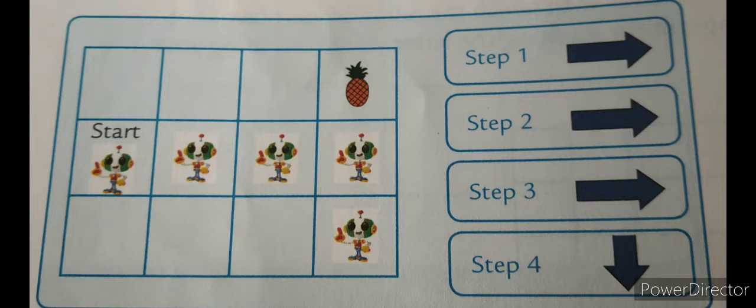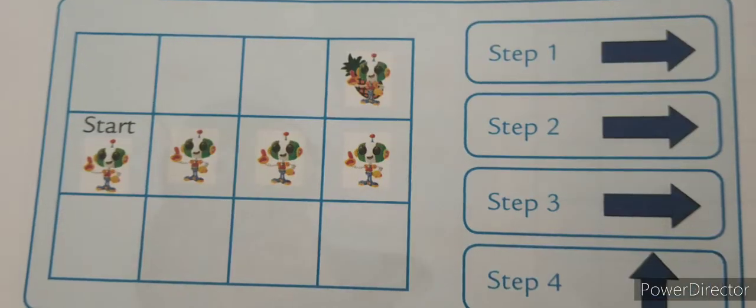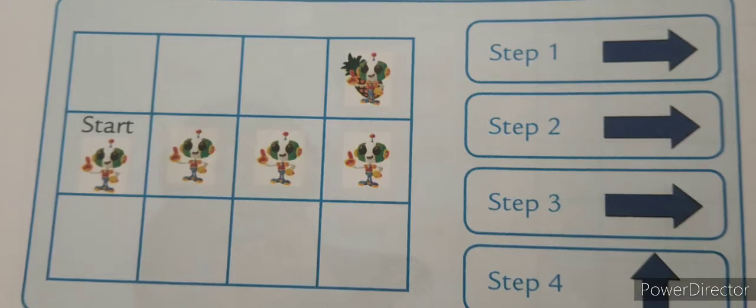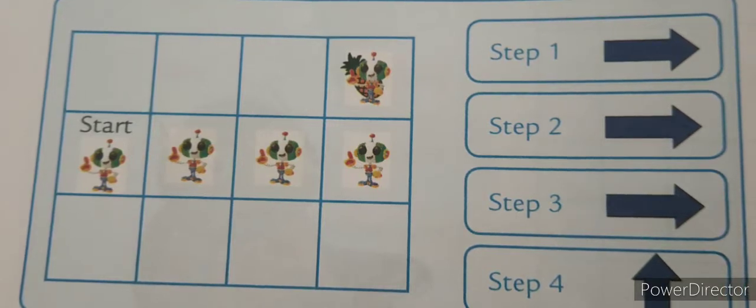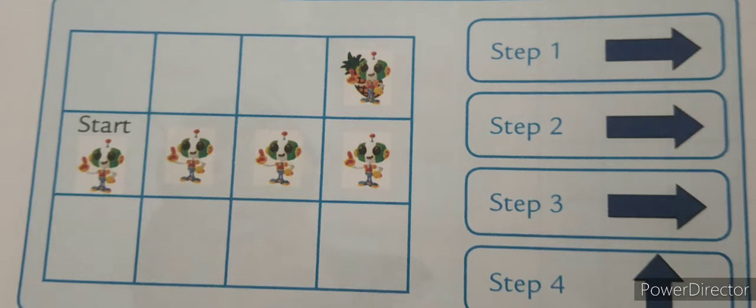Now, if we want to correct that, as we found the problem at the last step, it means we found the bug. Now we have to remove it, which means we have to debug it. The correct set of instructions will be, as you can see in the picture, step 1 right, step 2 right, step 3 right, and step 4 up.